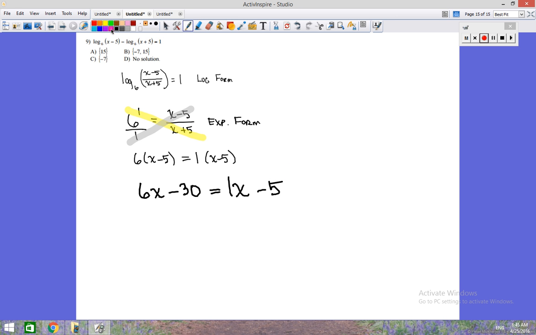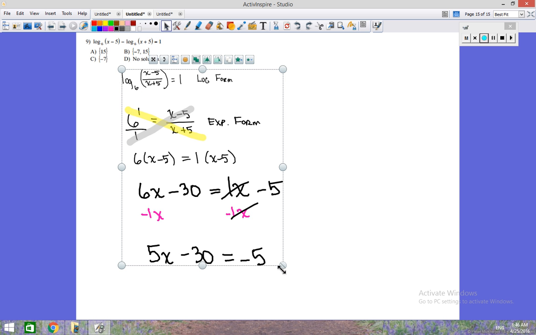So if I subtract 1x from each side, then I've accomplished part of that. I've got 6x's, take away an x, it leaves me with 5x's. 1 minus x, take away 1x is just 0. 0 minus 5 is negative 5. Alright, so now let's add 30 to each side.